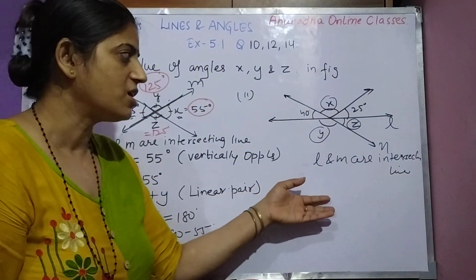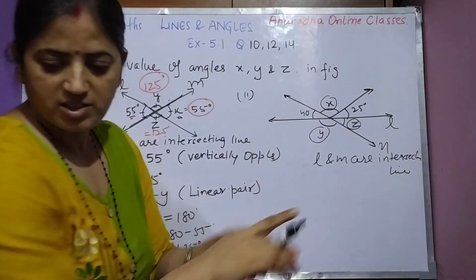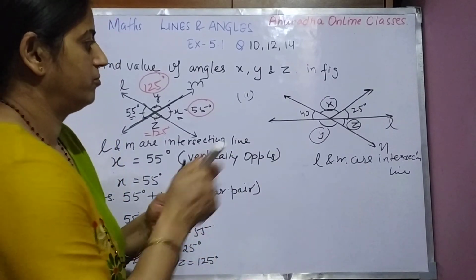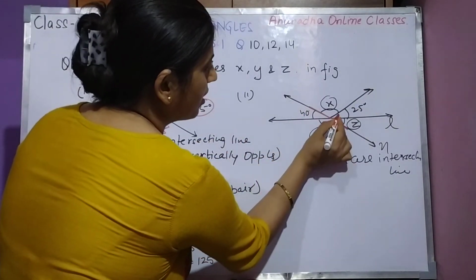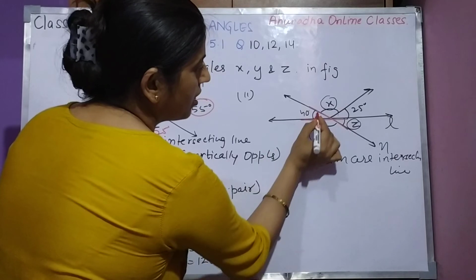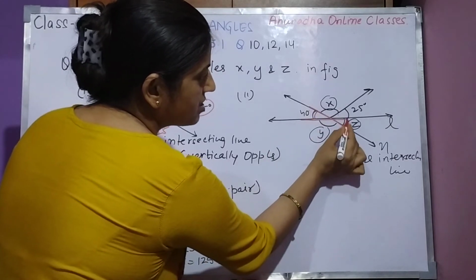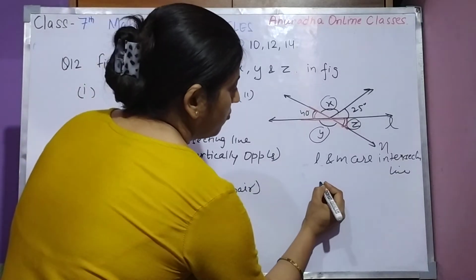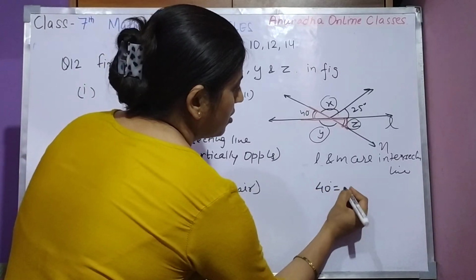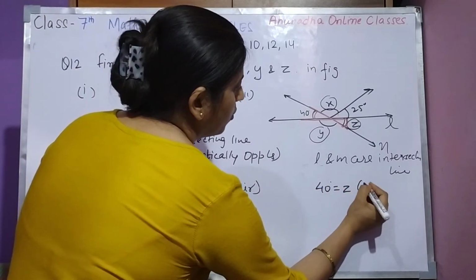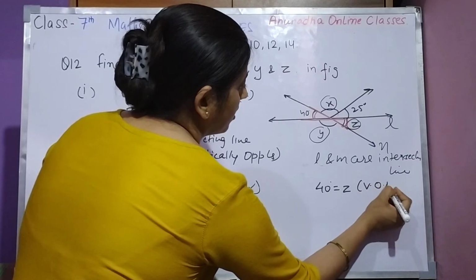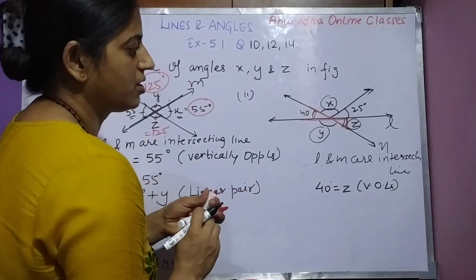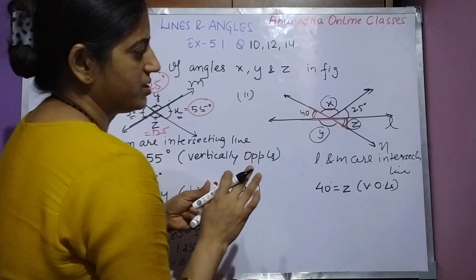Now see, if I show you this one and this one, this angle and this angle are vertically opposite angles. 40 degrees is equal to z, vertically opposite angles, right? As L and M are intersecting.